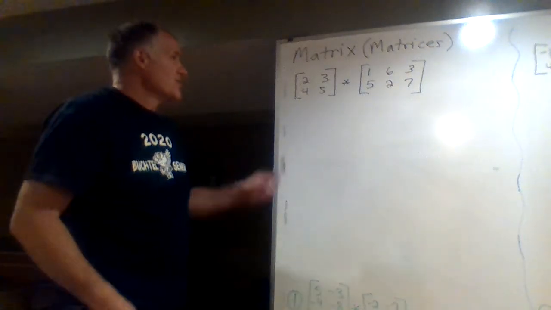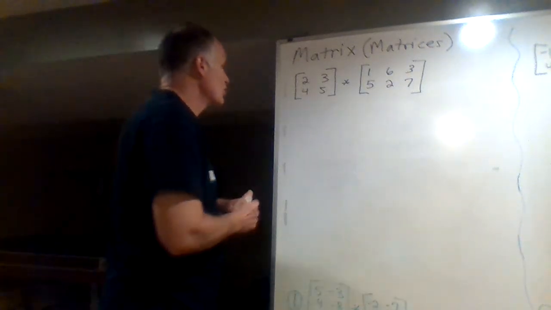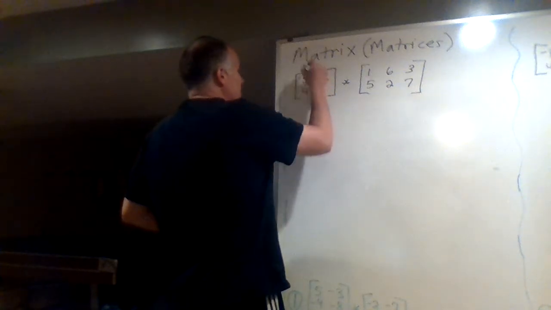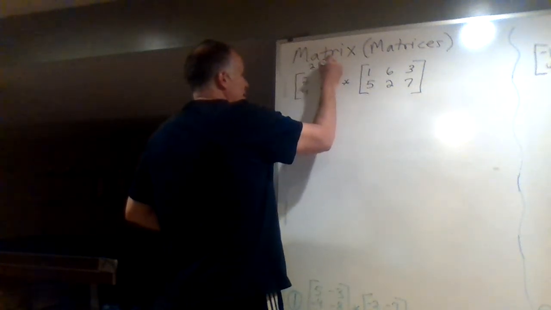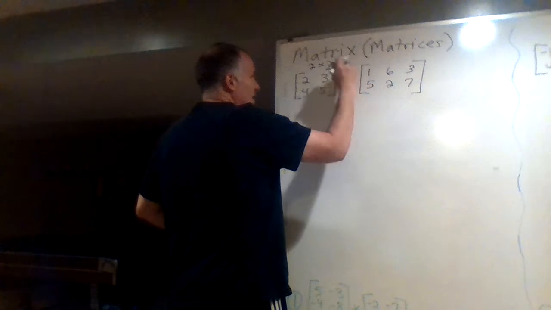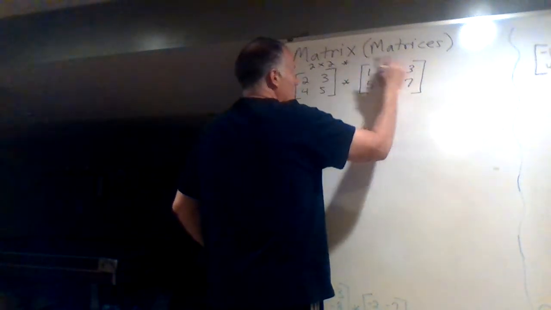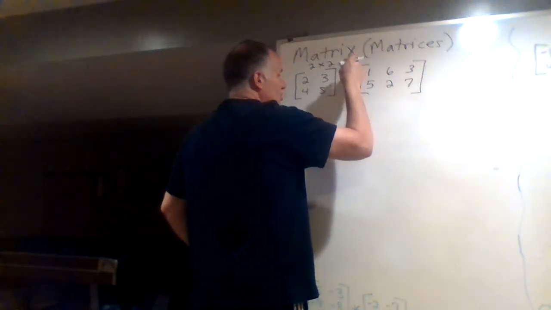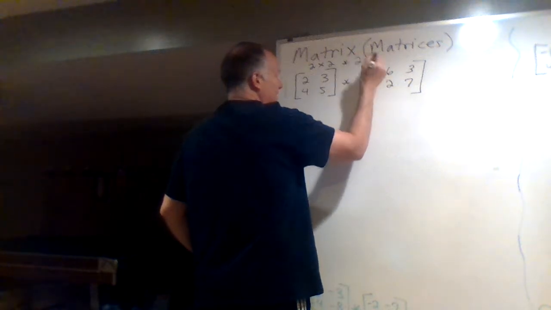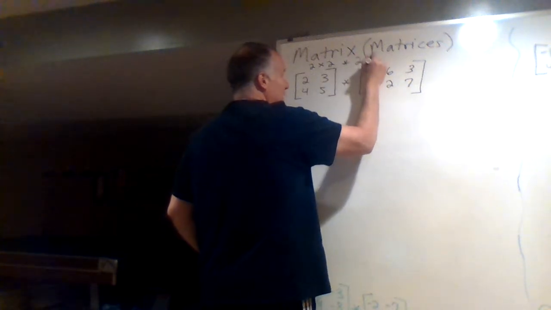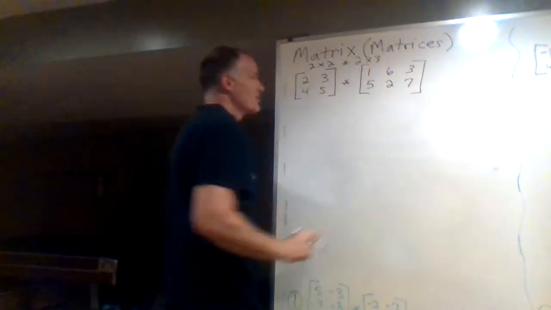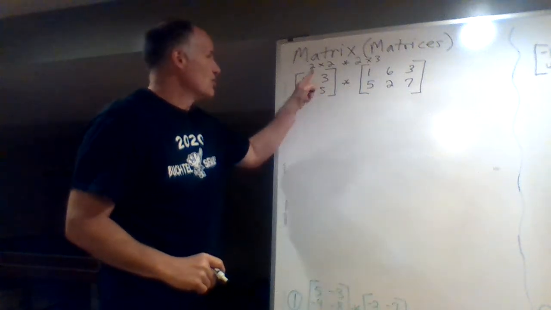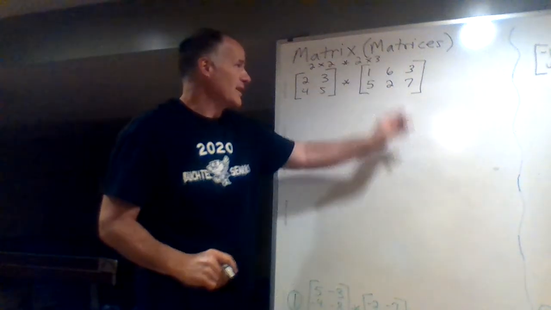So again, we've got a 2 by 2 matrix times a 2 by 3 matrix. I'm sorry, I'm getting ahead of myself. So again, 2 by 2, 2 by 3.